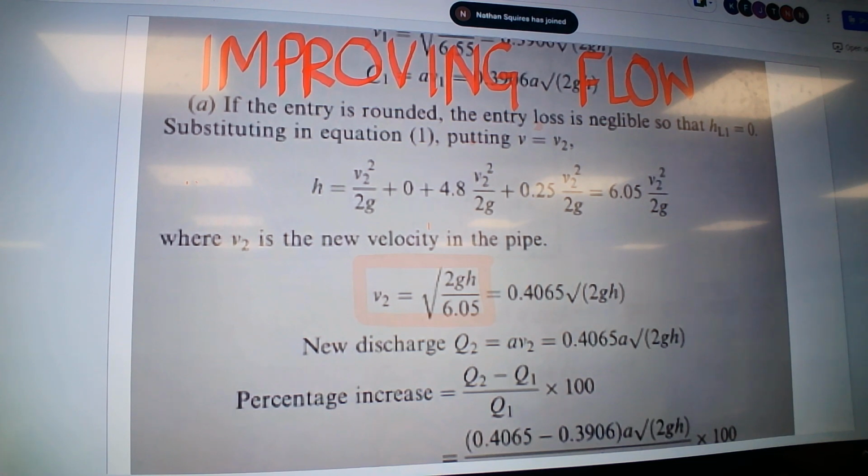Now the second discharge is going to be equal to A2V2, but it's the same pipe, so the area is the same. Percentage increase. Now after that one, we're going to have a look at the percentage increase.